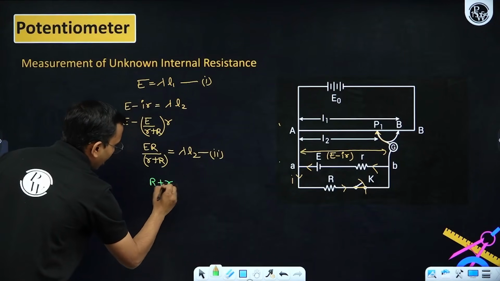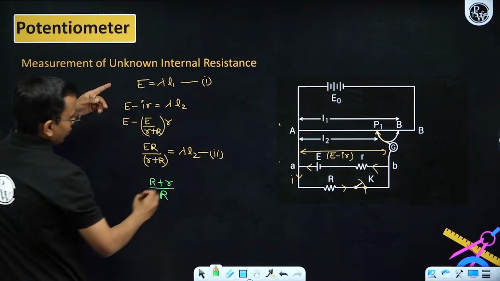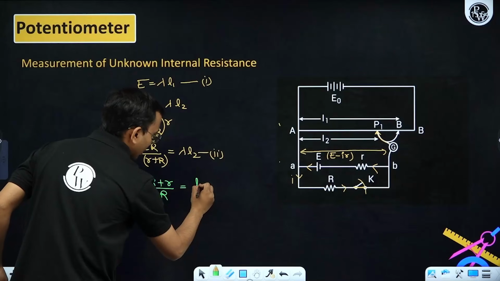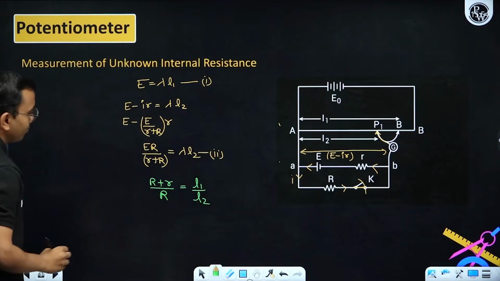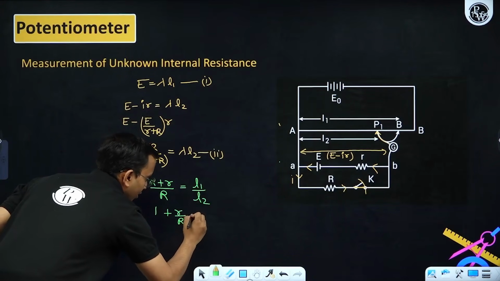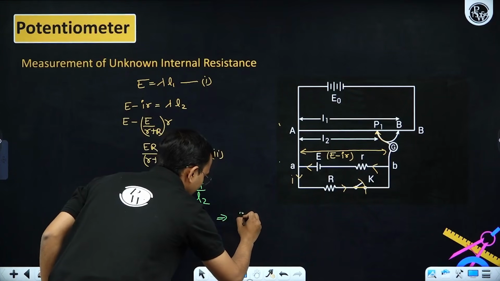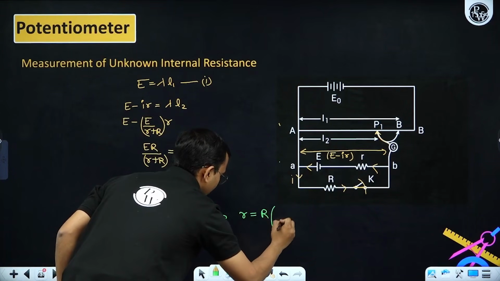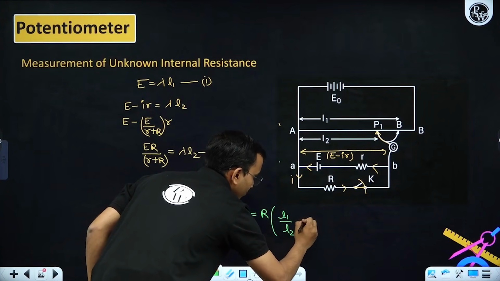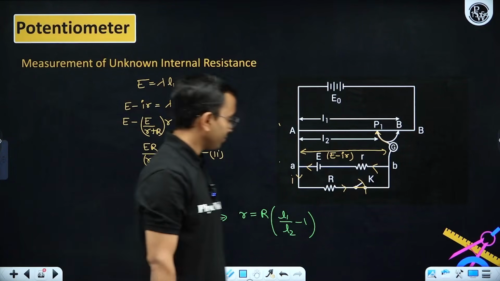R plus r divided by R is equal to L1 by L2. So 1 plus r by R is equal to L1 by L2. So from here I got r as R into (L1 by L2 minus 1). Got the formula for unknown internal resistance.